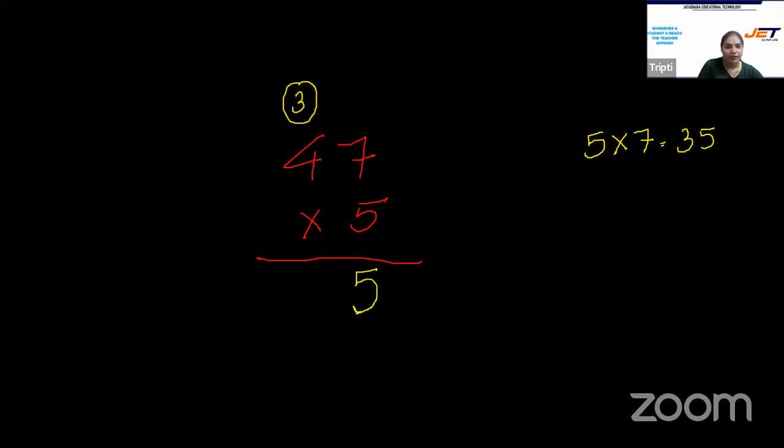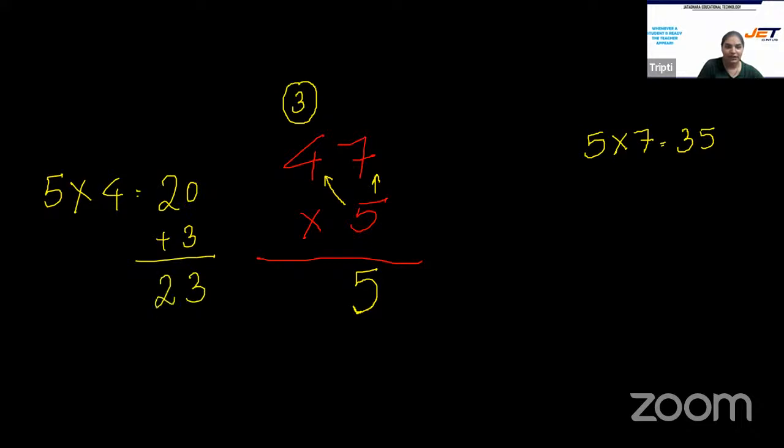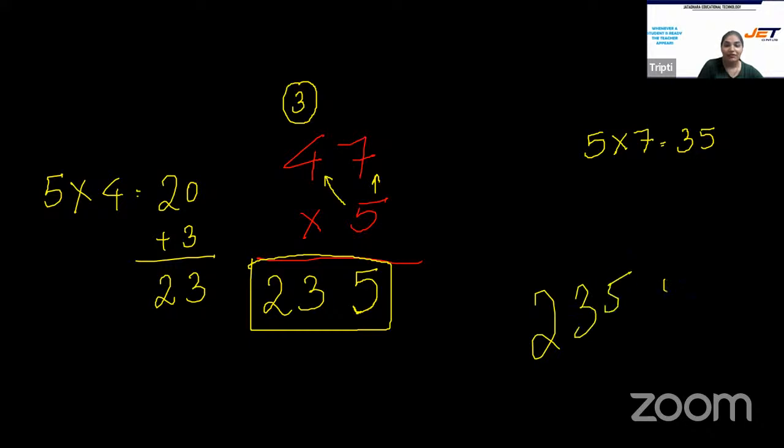First, we are done with 5 times 7. Now we will do 5 times 4. What is 5 times 4? It is 20. But 3 is already there, so you have to add the carried over number. 0 plus 3 is 3. 2 plus nothing is 2. So here I can write the answer. It is 235. 235 is the product of 47 and 5.